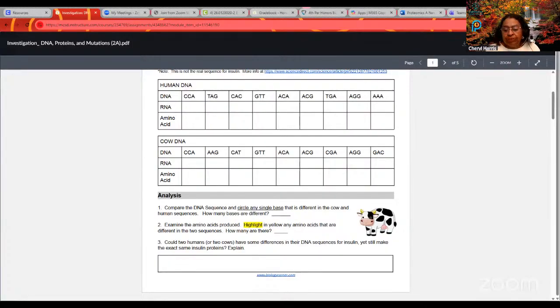So there's a difference in this DNA sequence for insulin, yet they make the same protein, insulin. And the answer is yes, they can be the same because there are different arrangements of the amino acids that still produce the same protein.